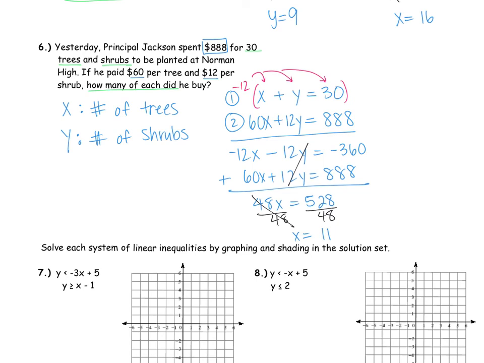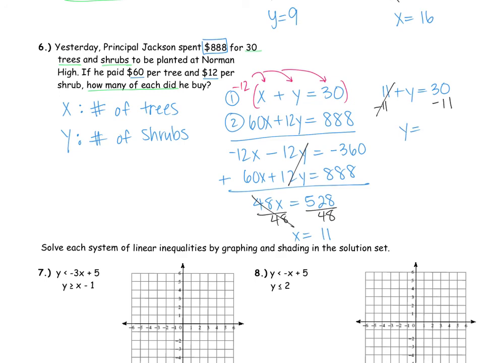So if I know that x is 11, x is the number of trees, I can find the number of shrubs by just plugging it into the first equation, or just taking it away from 30. Since there's just 30 plants, if you subtract 11 from 30, you can get the number of shrubs you have. Or you can just use the equation. So I have 11 plus y equals 30. All I did was plug my x into this x, and I'm going to work this out by subtracting 11 from both sides.